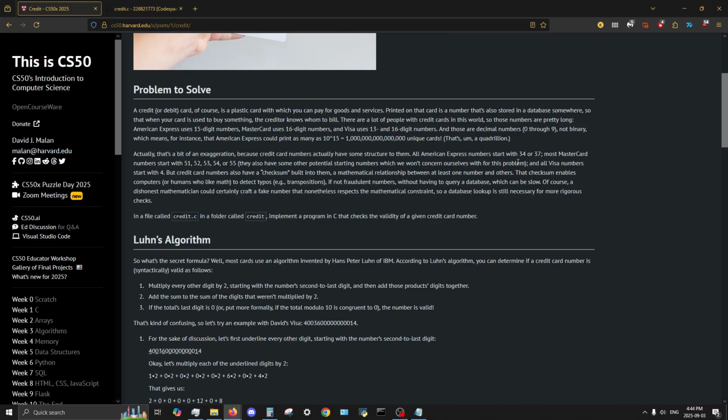So I need to check it to see if it's 34, 37. How do I check if it's a 4? I need to divide it by 10 again.